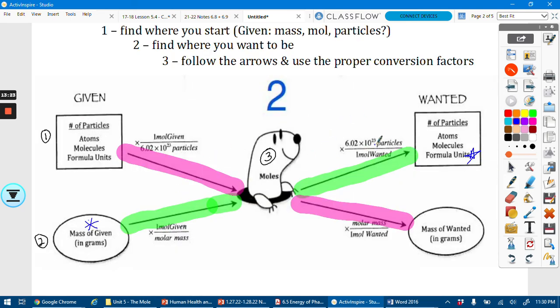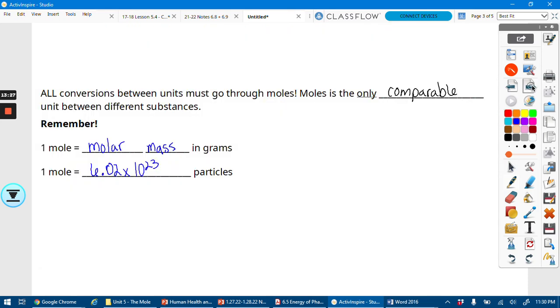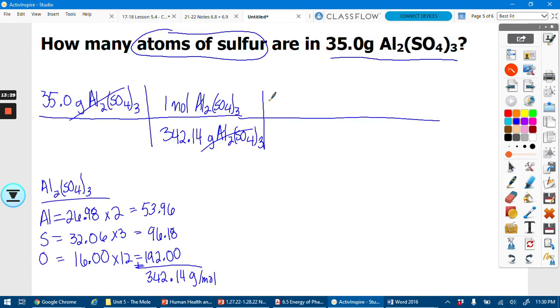So that is 6.02 times 10 to the 23rd formula units over 1 mole. 6.02 times 10 to the 23rd formula units of aluminum sulfate per 1 mole of aluminum sulfate.